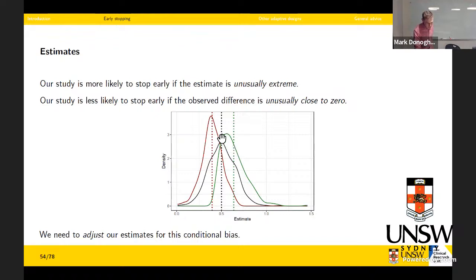And the red curve is if we look at the studies that didn't stop early and went to the end. And even though 90% of those are still declaring a significant difference, we can see that they're underestimating the truth. Because to be able to make it to the end, they had to have a small enough estimate at that interim time point.